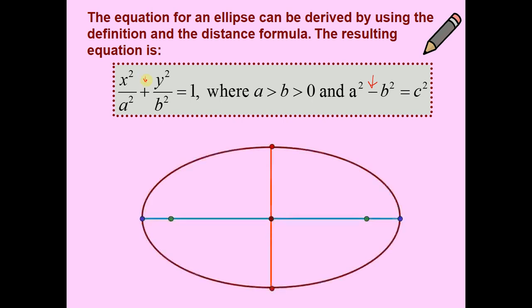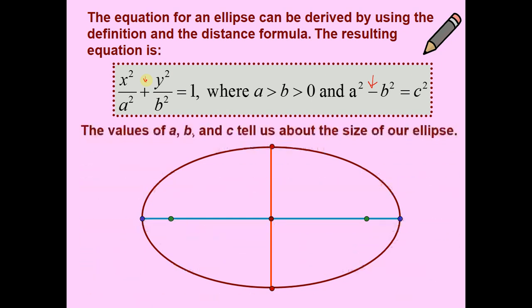Now, A, B, and C are related on our ellipse. This is where those multiple colors might come into play for you. A is the distance from the center to the vertices, no matter if that's 5, 15, or 5 square roots of 3. It's as far as they are.